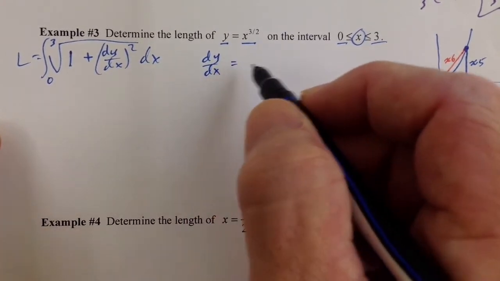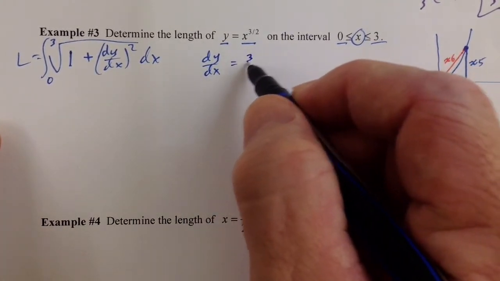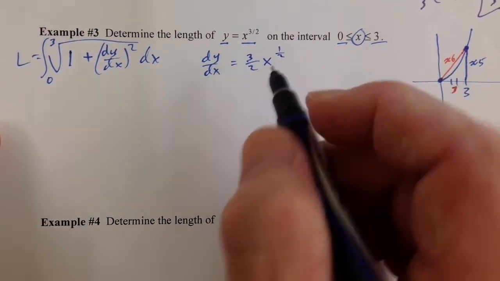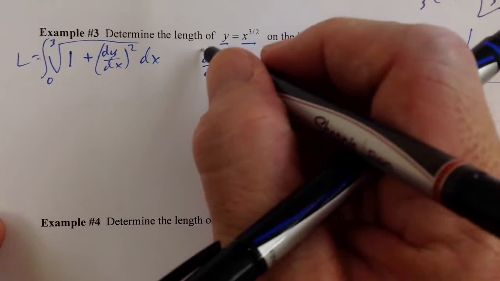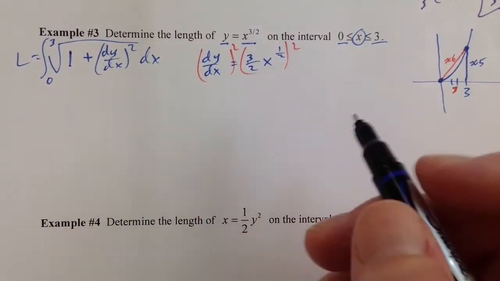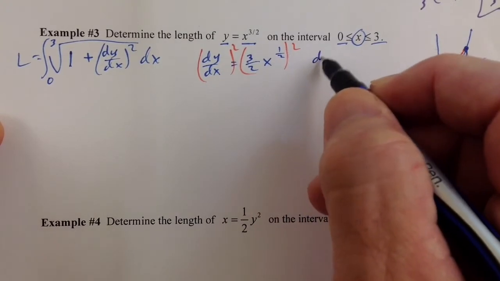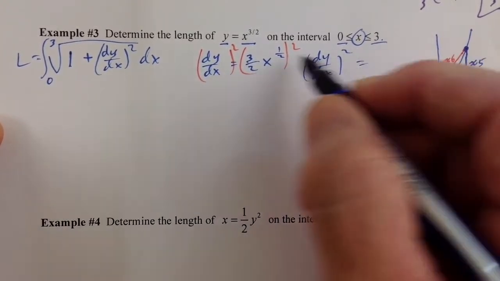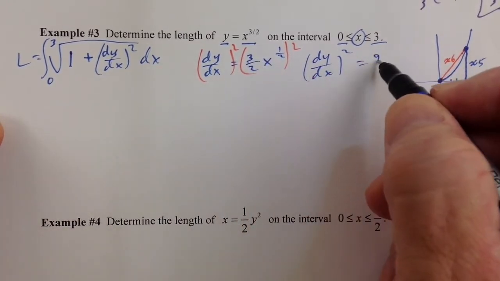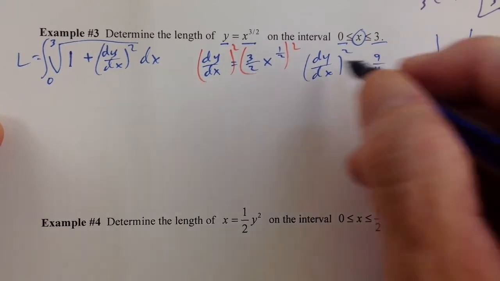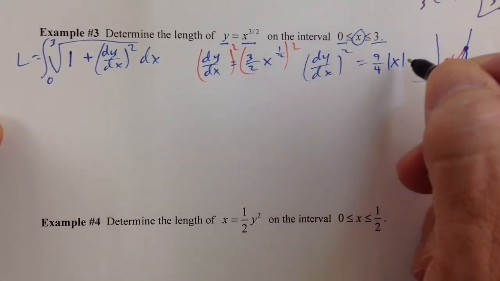We can write y prime if we want. It would be 3/2 times x to the 1/2. And again, we're going to go ahead and square the left side. We're going to square the right side because that's ultimately what we want. So we get dy dx squared is 3/2 squared is 9/4, and x to the 1/2 squared, so square root of x squared is the absolute value of x.